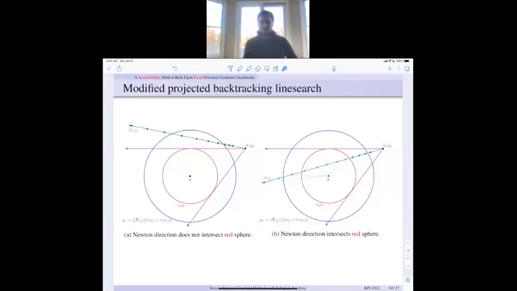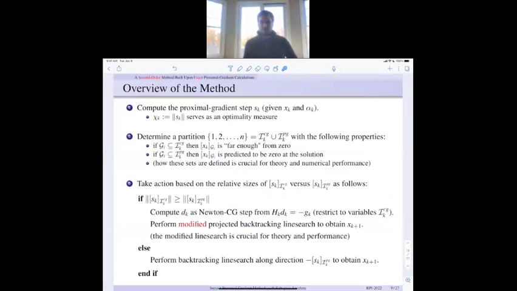So when your step intersects the red circle, on this side, you do a projected search. When the step does not intersect the red circle, like on this side, you just do a standard backtracking line search.